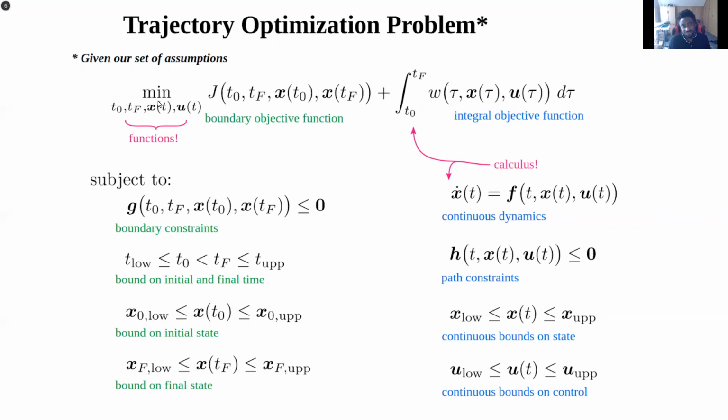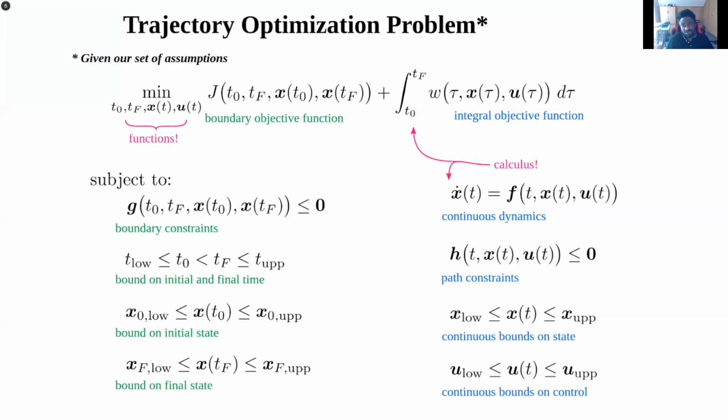So anytime you see a variable with brackets and t, it means that it's continuous. And so that's our goal, to come up with a trajectory made up of continuous states and actions that are optimal.